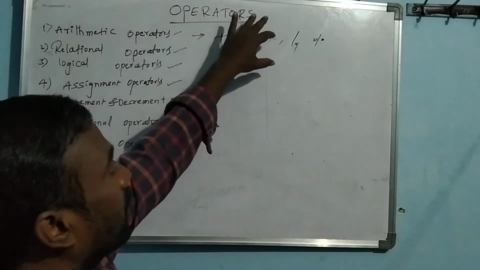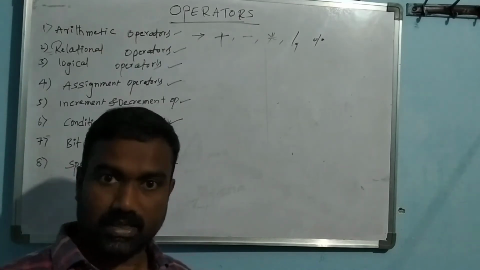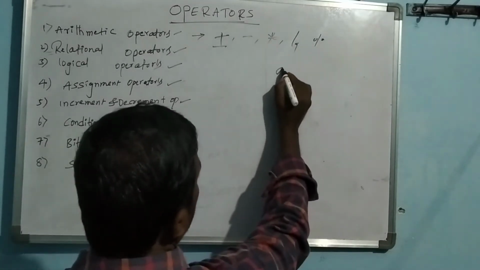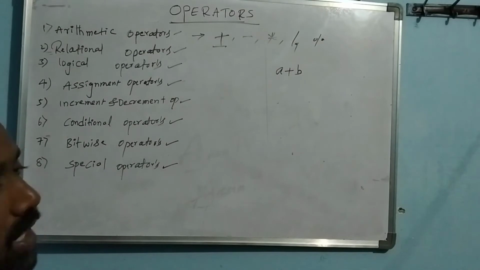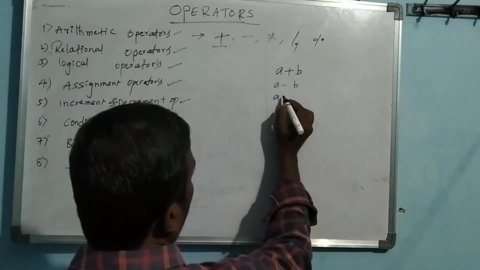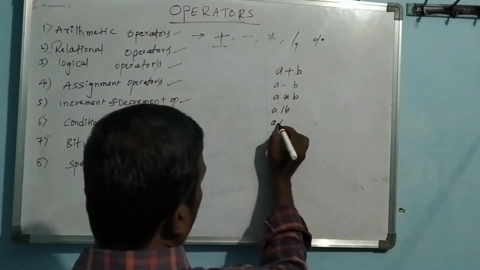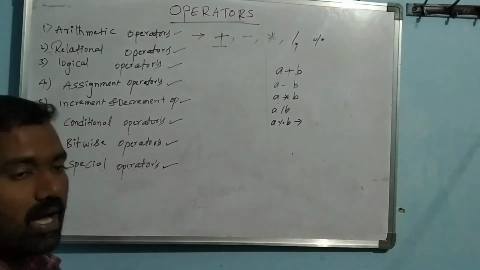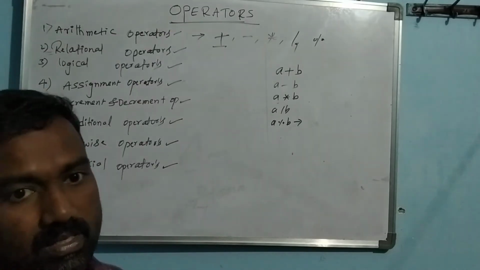These arithmetic operators are mainly used to operate on two operands. The plus operator is mainly used for addition, the second one is subtraction, the third one is multiplication, the fourth one is division, and the fifth one is for remainder.